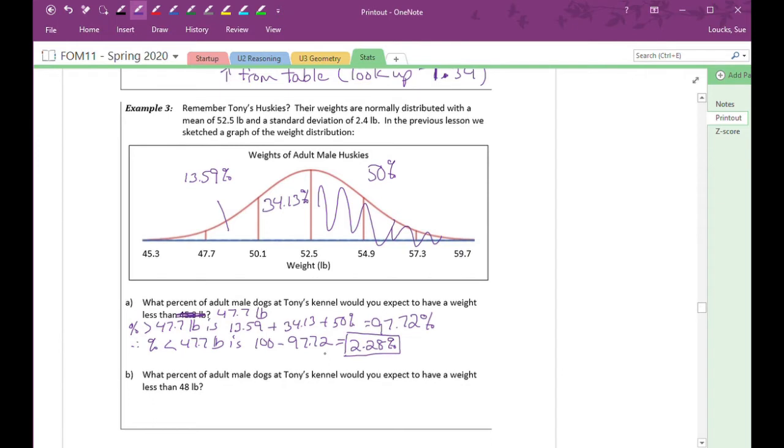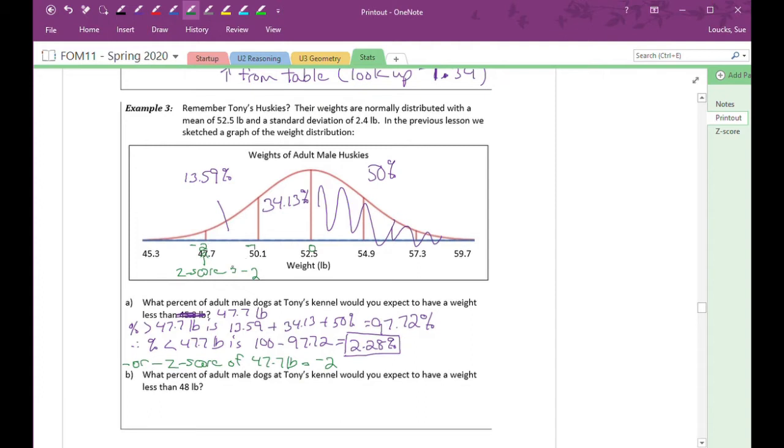The other way we're going to do it is a second method. We know that this point right here has a Z-score equal to negative 2. 47.7 pounds is negative 2, because this has a Z-score of 0, this has a Z-score of negative 1, and this has a Z-score of negative 2.